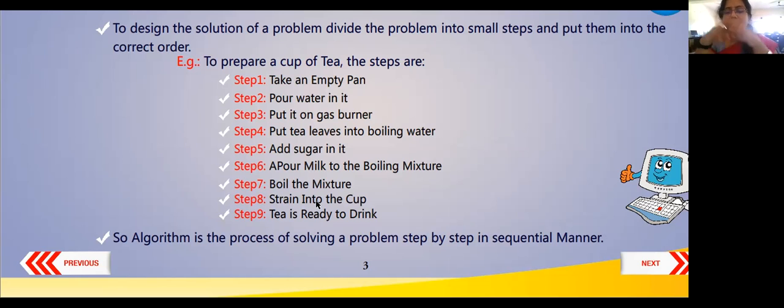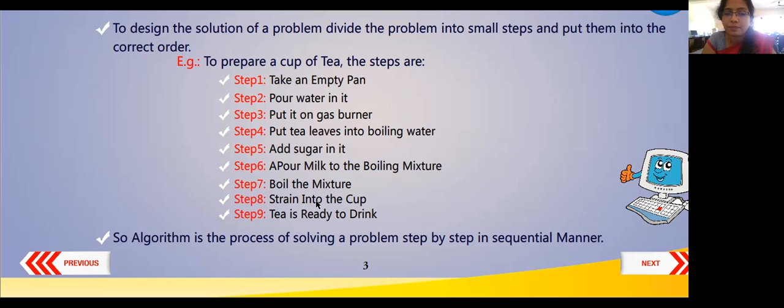Step by step, sequentially. When I say step by step, in a sequential manner of putting a solution to the problem, these step by step instructions that we write are called an algorithm. An algorithm is a process of solving a problem step by step in a sequential manner.